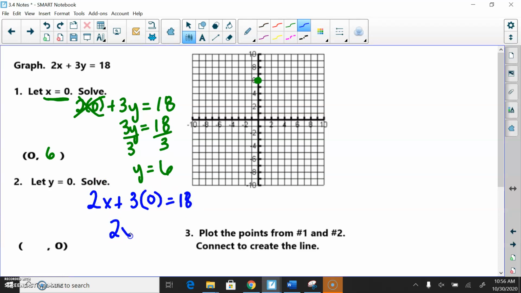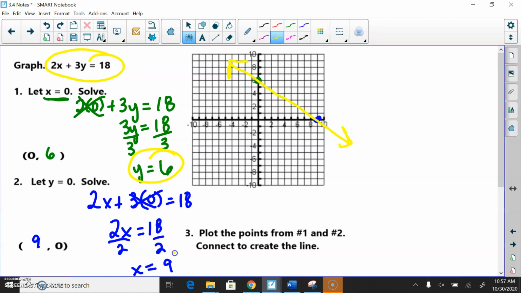So then we just have 2x equals 18, because this term goes away. And so we divide by 2, and we get x equals 9. So our x-intercept is at (9, 0), and so then we can draw a line in there. And we've taken that equation, plugged in zeros, figured out the x- and y-intercepts, and then we can graph it.